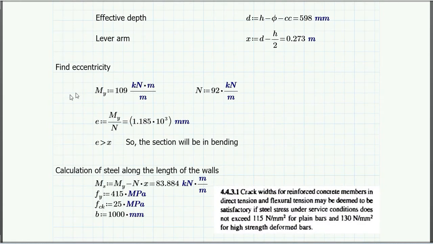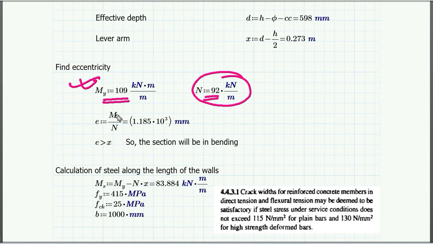Now let's find out the eccentricity. Eccentricity tells you whether bending is dominant over the section or not. The moment we have already got is 109 kilonewton meter per meter, as well as the normal force, the shear force which we have calculated, but I have already told you that this will act as a normal force or a tension, which is 92 kilonewton. Now what will be the eccentricity of these two if I combine both?